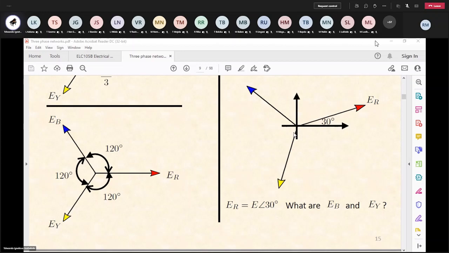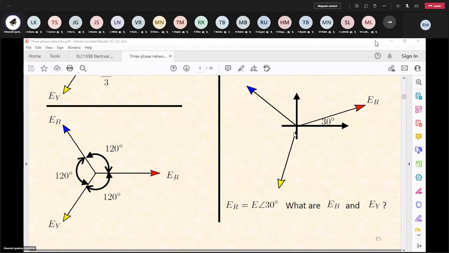Now you will see, good people, why this is important, because when we give you information in a three-phase network, we only tell you the information of one and tell you that this is a balanced system. You need to come up with the others. So we don't say, for an example, that you have a three-phase system where ER is this, EY is this, and EB is this.